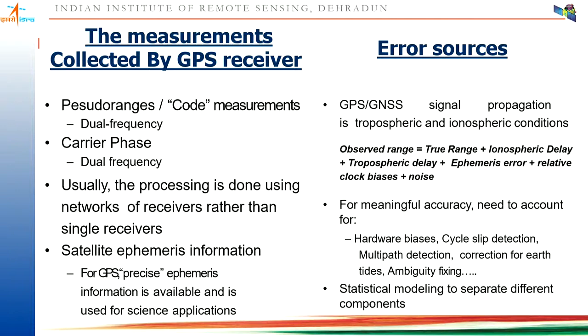Now, what are the error sources? Whatever the data is, we need to remove these errors. If we remove the ephemeris error, ionospheric error and clock biases, what is left is basically the tropospheric delay.